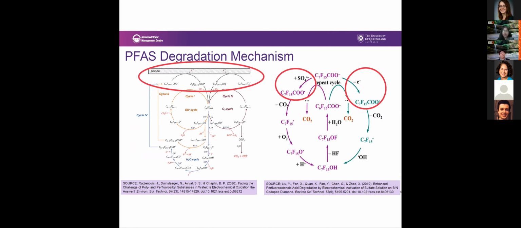EO, or electrochemical oxidation, has been studied, and there is a lot of research about it regarding PFAS degradation.